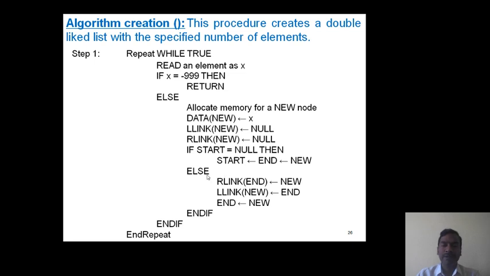Else, if some elements are already available, we establish links between the end node and the new node: R-link of end = new, L-link of new = end, and now end = new. The inner comparison is completed, the outer comparison is completed, and the repetition process is completed with end repeat.